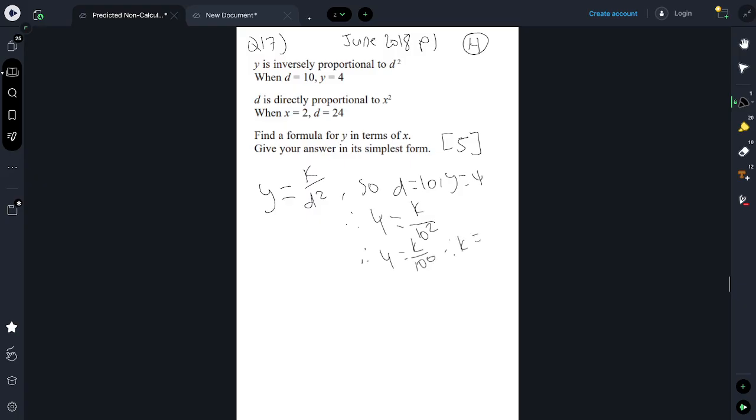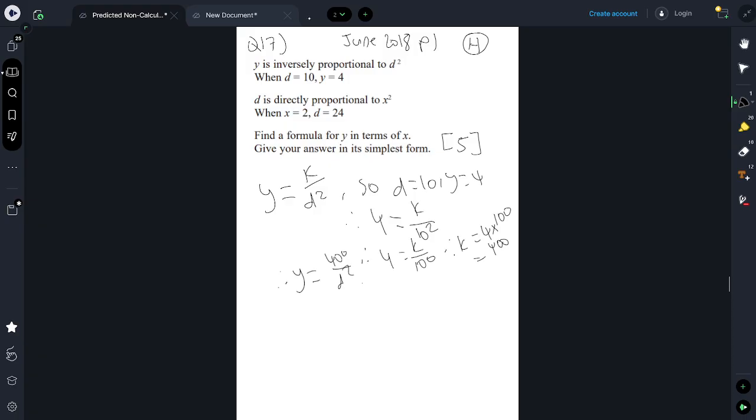So that means k is going to be, get rid of the 100, times 100 both sides. It's 4 times 100, right? Which is 400. Which therefore means y is 400 over d squared, because that's k over d squared.